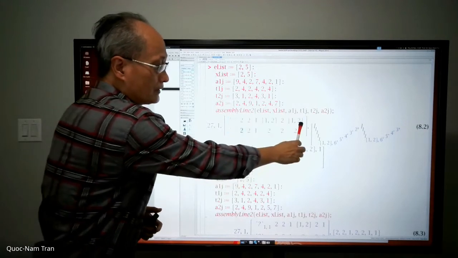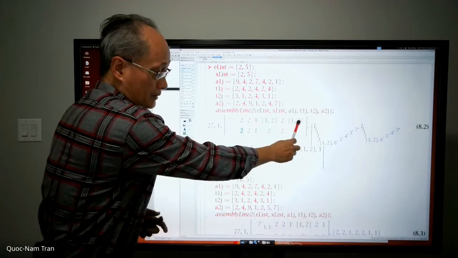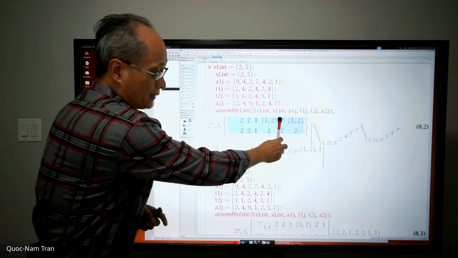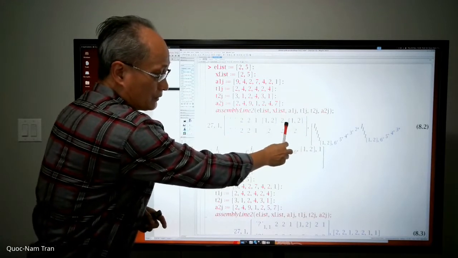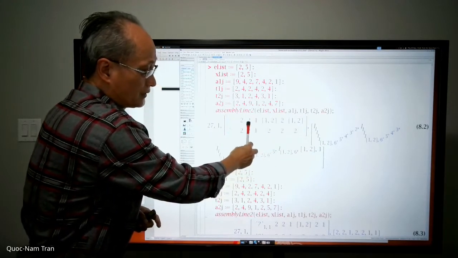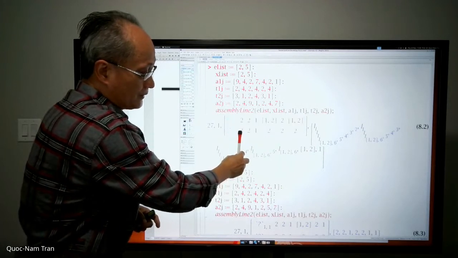Okay. Same thing, if we go with 2, then from here, we just go with 2. If we go with 1, we go here, right? And then go down 2. If we go with 2, go down here, 2, continue to 2, go to 1, go back here, right? Okay? And then go down to 2.